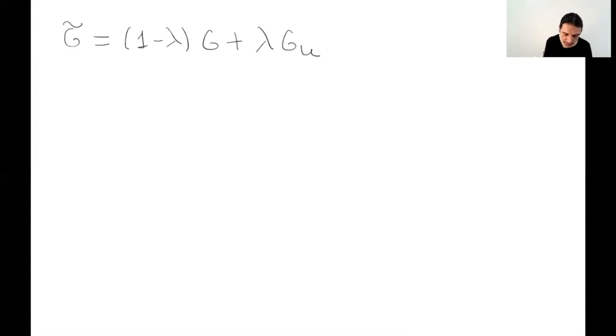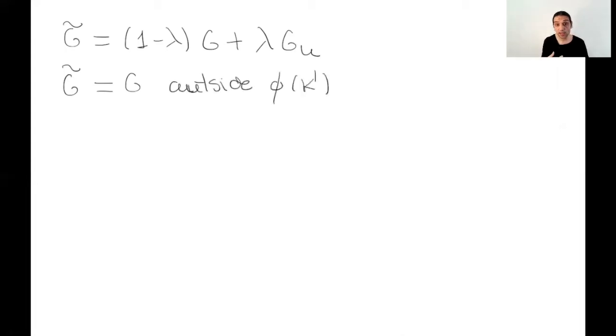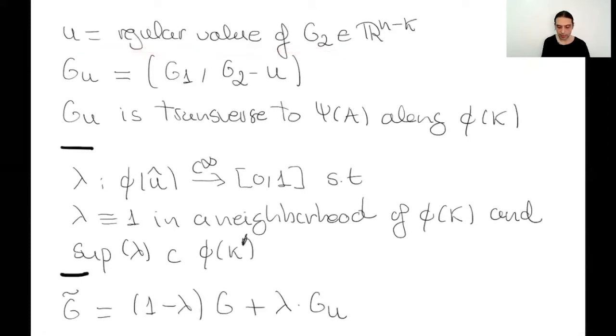What happens is that the capital G tilde and the capital G are equal outside the image by phi of K prime, which is a compact set, right? What we have is that when u is a regular value that converges to 0, then capital G_u converges to capital G in the weak topology, okay?